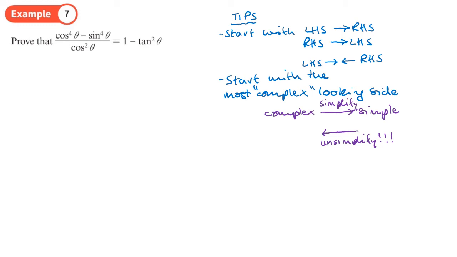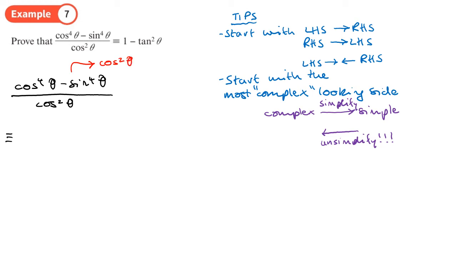Let's start with the left hand side. That's the most complex looking side. Cos to the power 4 theta minus sine to the power 4 theta over cos squared theta. Now the top is like the difference of two squares, because you could think of the top as cos squared theta all squared minus sine squared theta all squared.